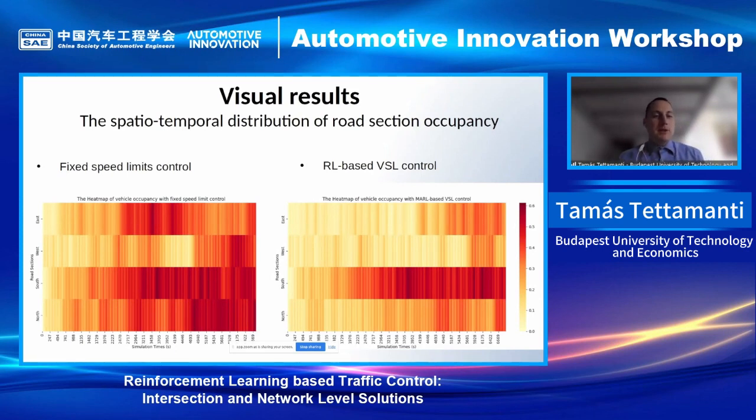Here you can see also other results in terms of spatial temporal distribution of road section occupancy. You can see on the left side the fixed speed limit control, and on the right side the reinforcement learning based speed limit control approach. And you can see the four legs of the intersection, so the north, south, west, and east legs.